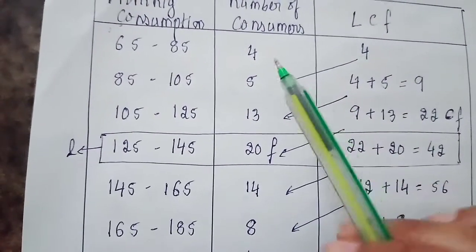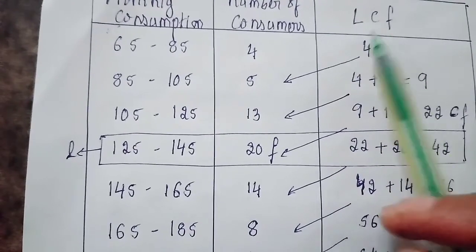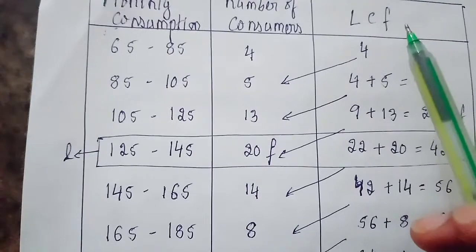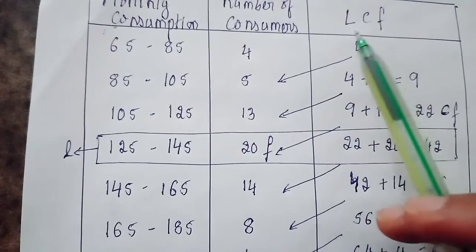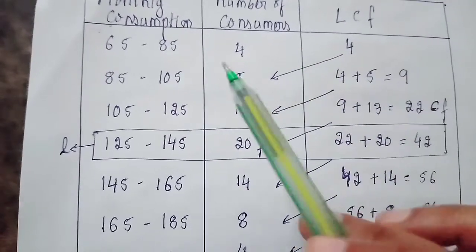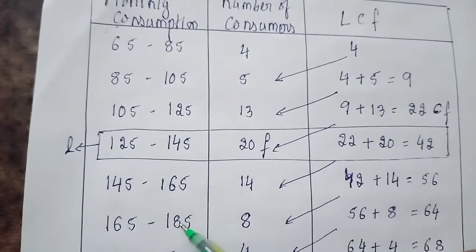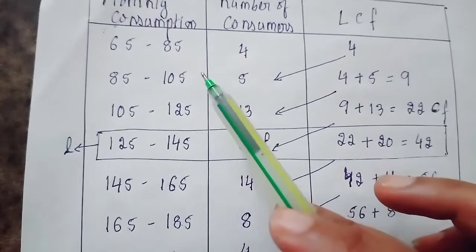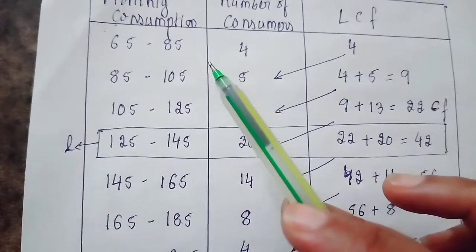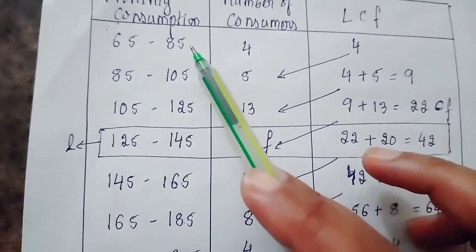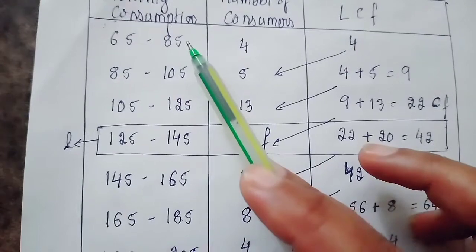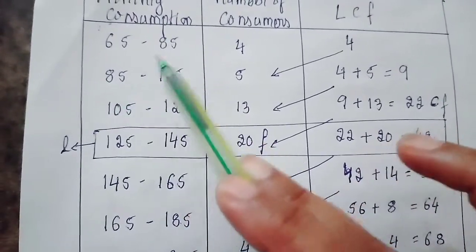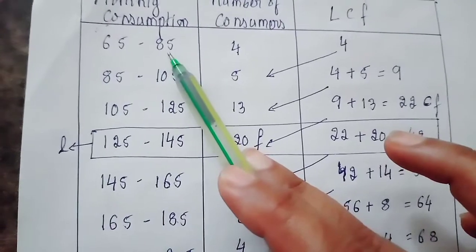LCF means less than cumulative frequency. Whenever you find cumulative frequency for LCF, it is less than the upper limits. You won't say less than or equal; you say less than, or another word, below. So less than 85, not less than or equal. Why? Because the class intervals here are of exclusive type.